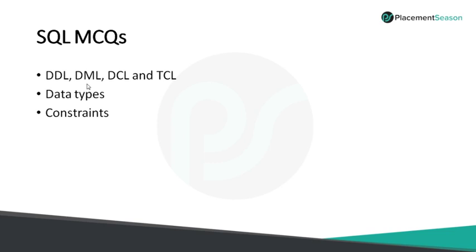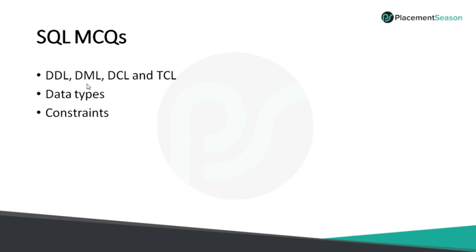Apart from DML, you have to focus on data definition language, DDL, and DCL, which includes revoke and grant permission. Finally, concentrate on TCL, transaction control, like commit and rollback. So the first part is the four major languages: DDL, DML, DCL, and TCL.